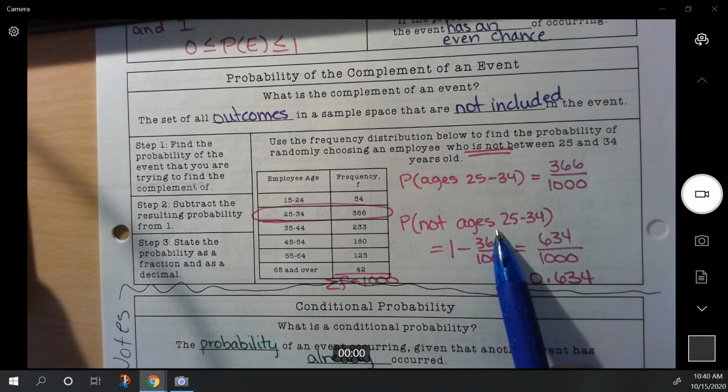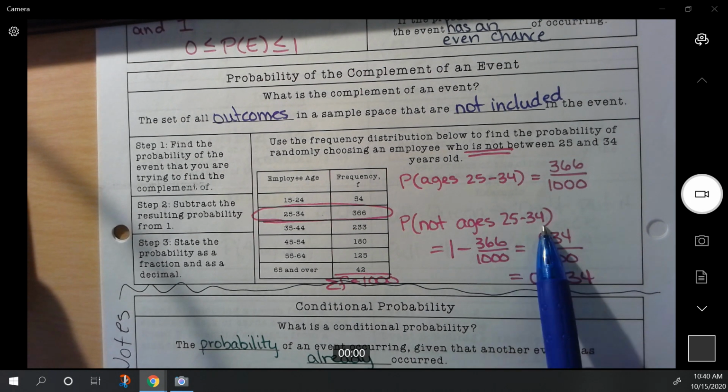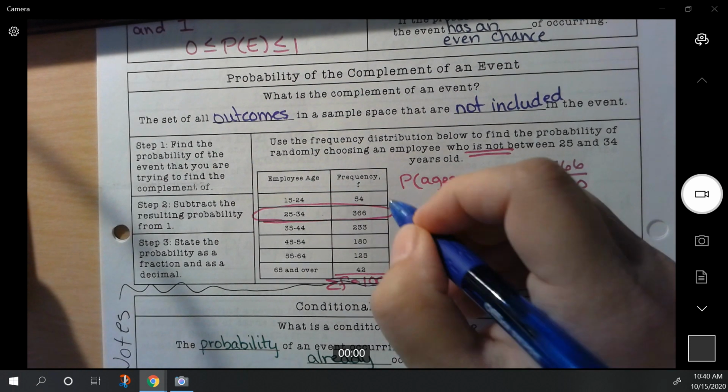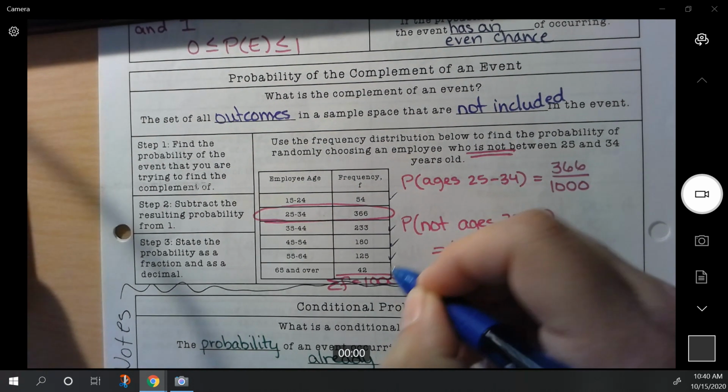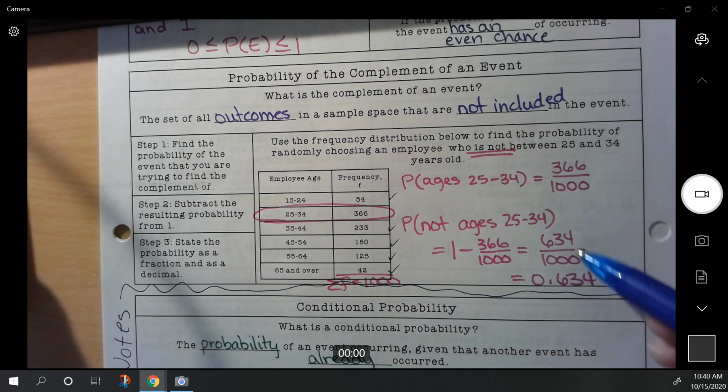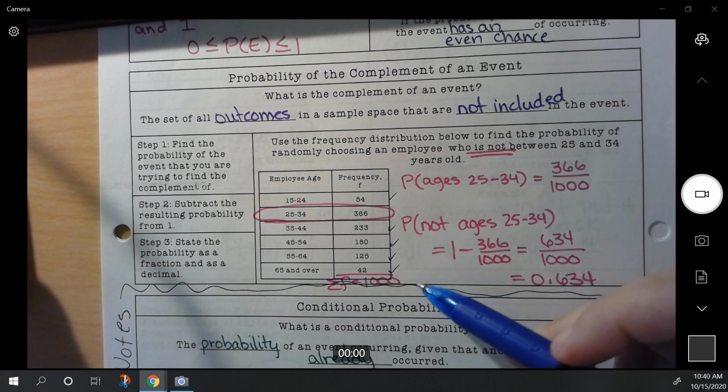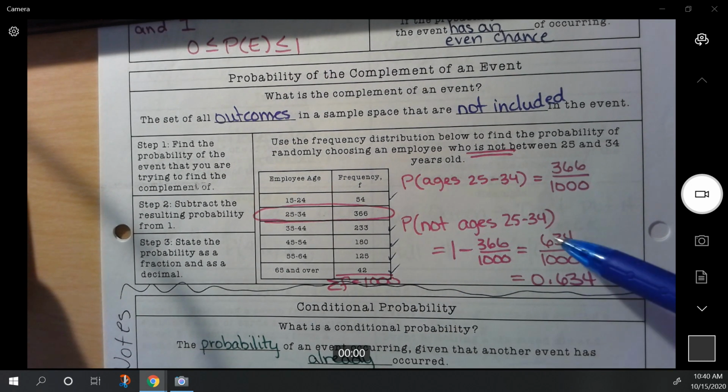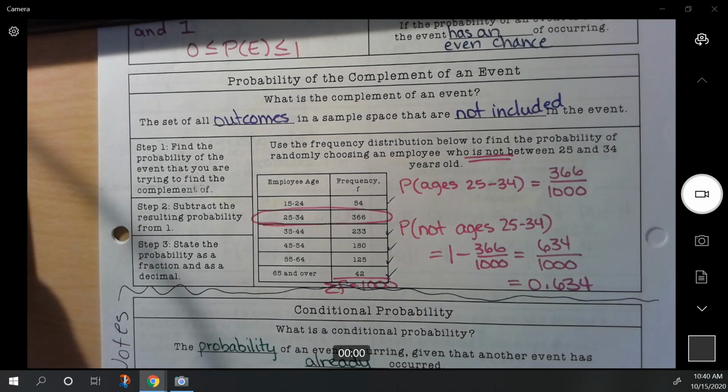So the probability of not being 25 to 34 would be 634 out of 1,000. If we added up all of the checked pieces, they should add up to 634, and the entire column added up to 1,000. So we could have done this either way. This is just a shortcut. It makes it lots faster. Okay, that is the end of 3-1.